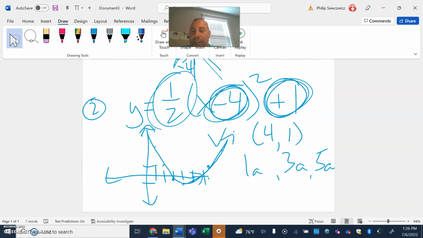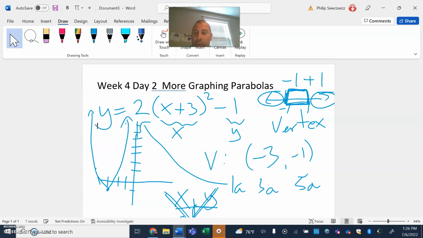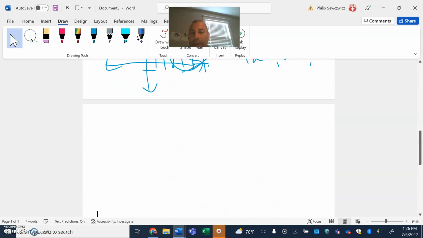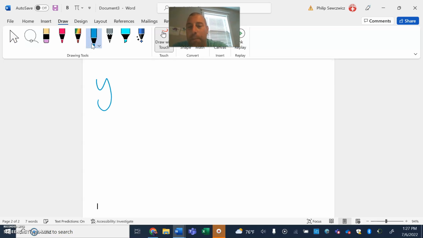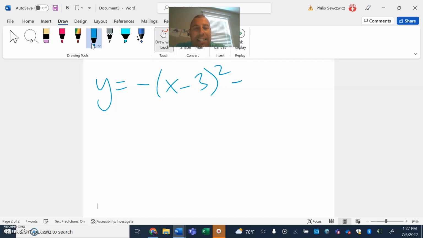All right, so let's look at another one here, and let's see what happens when this graph ends up getting flipped upside down. We can still end up using our traditional method here. I'm going to go just a negative, and then x minus 3 squared, and then minus 4.